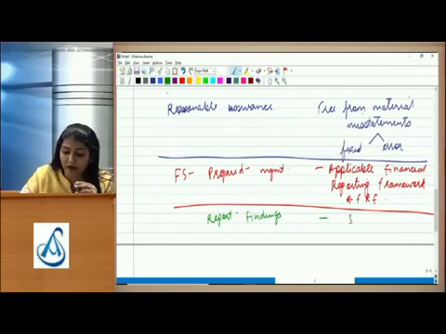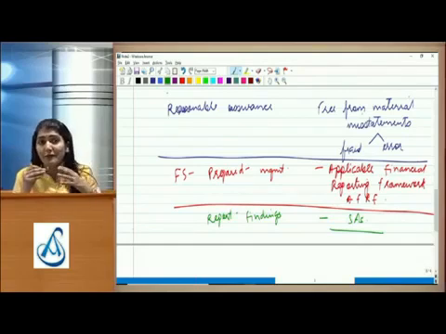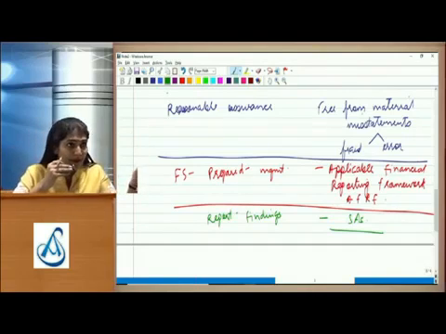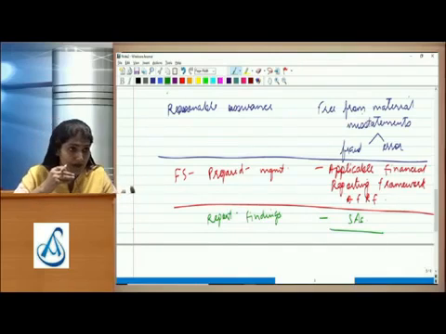And how to report your findings? In accordance with the standards on auditing. We have the format of the audit report given in SA 700. So you have to report accordingly in the format provided by SA 700. Right?